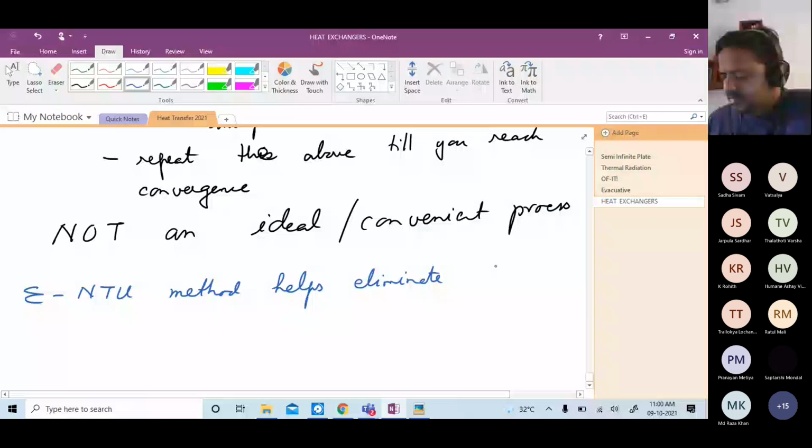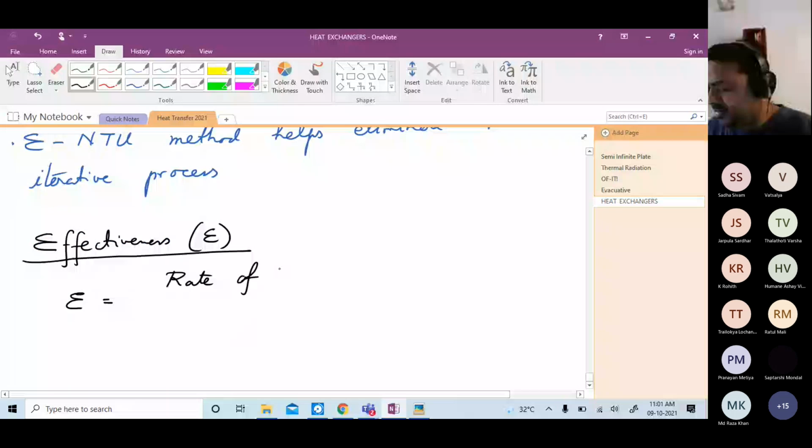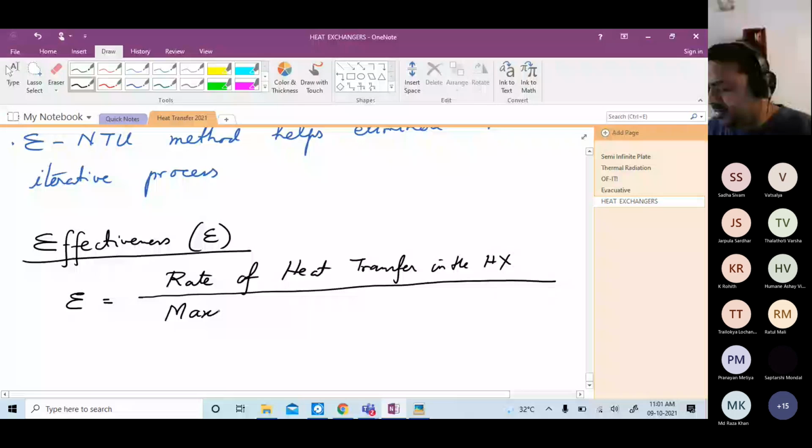The effectiveness of a heat exchanger is defined as the ratio of the rate of heat transfer in the HX divided by the maximum possible heat transfer.